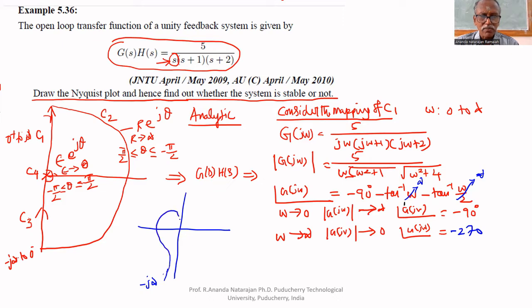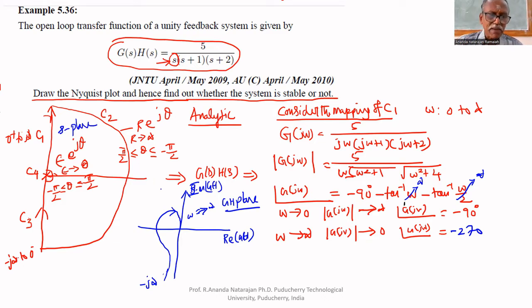That's why the plot will be looking like this. When omega tends to infinity, it reaches here. This is the real part of GH, this is the imaginary part of GH, so the plane is the GH plane. This is in the s plane.